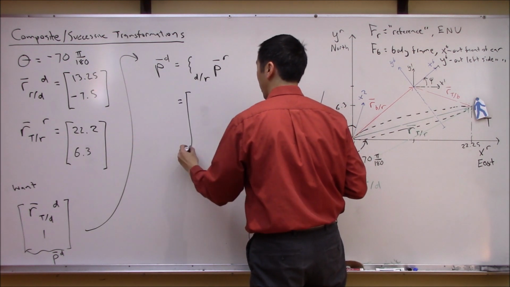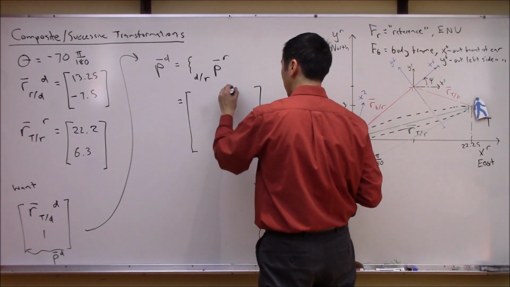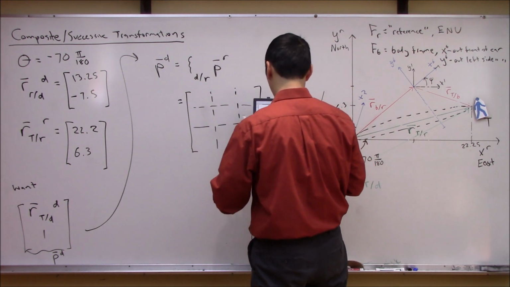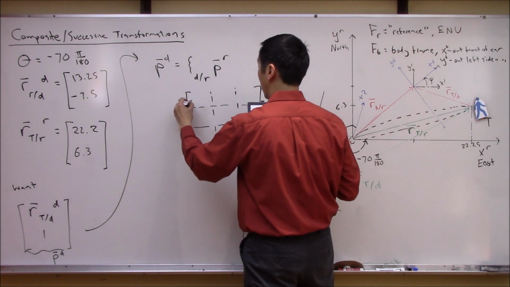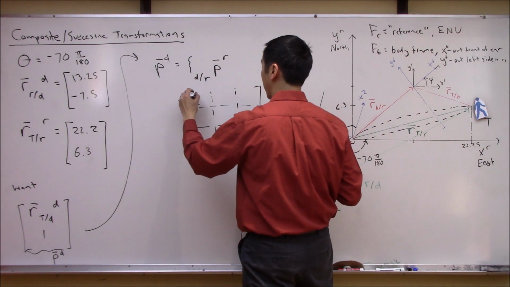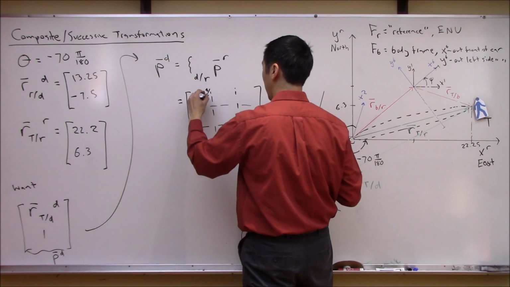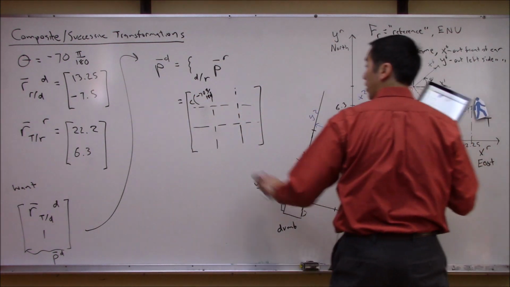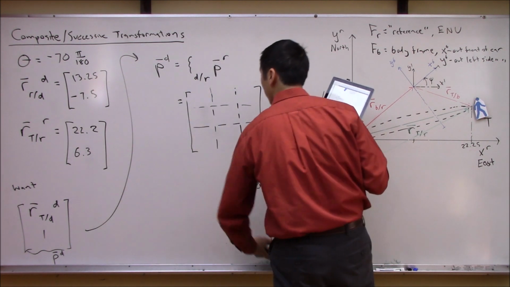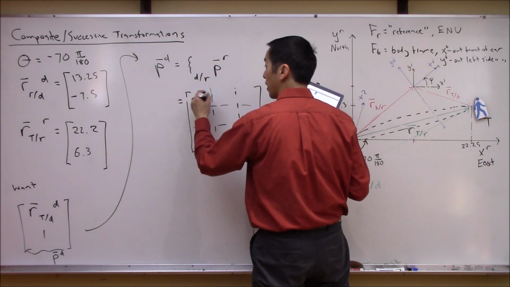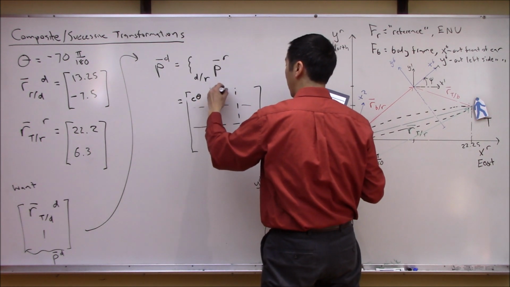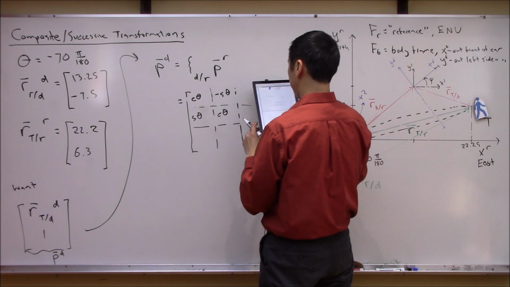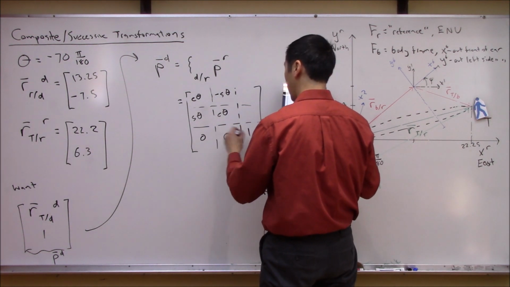So again, we said our psi transformation matrix is our good old friend, our 3x3, where it's going to be cosine of minus 70 times pi over 180. This is running out of space, and I don't want to make this super ugly, so let's just call this cosine theta. Theta was up there, minus sine theta, cosine theta, and then 0, 0, 1.